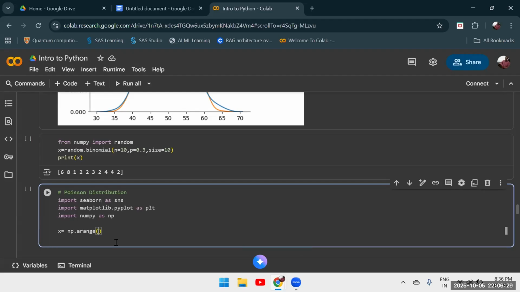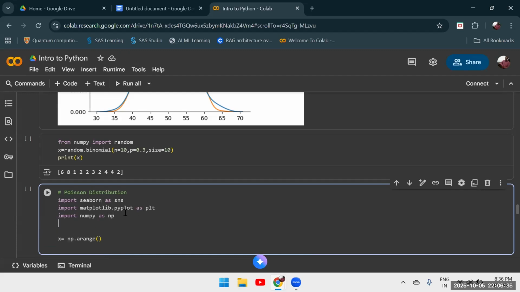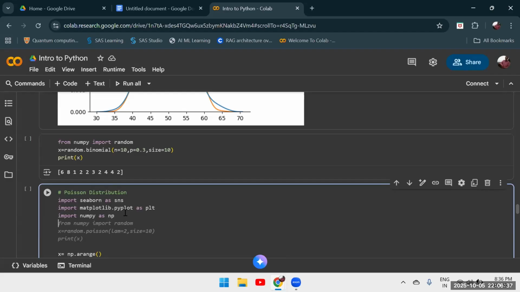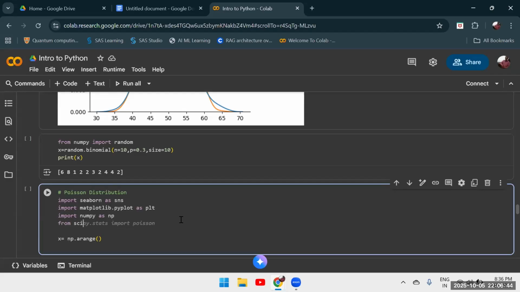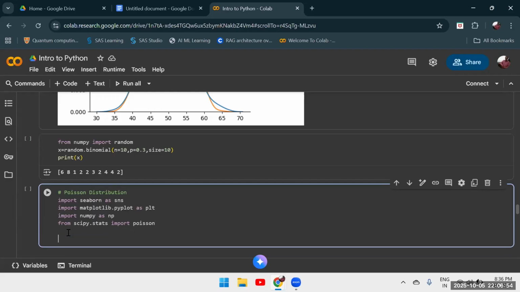I'm not sure if arange is there. First we have to import Poisson, which we have not imported yet. So from scipy.stats import poisson. This is very important, because this is the library which will help us create a Poisson distribution.